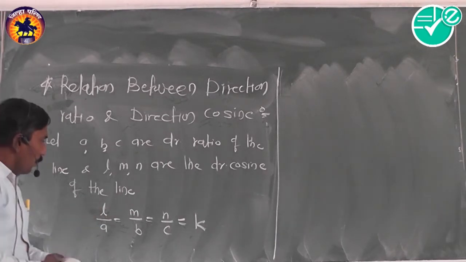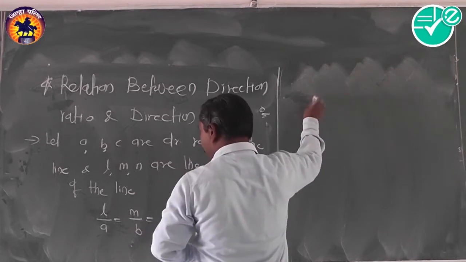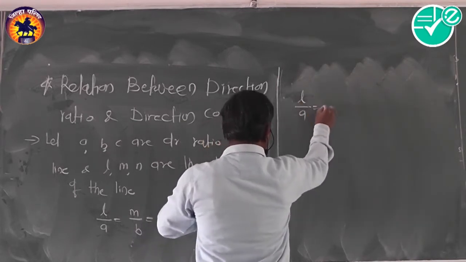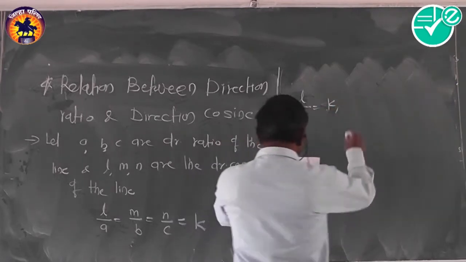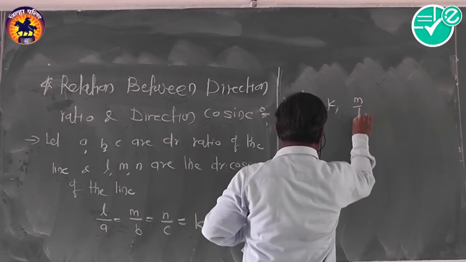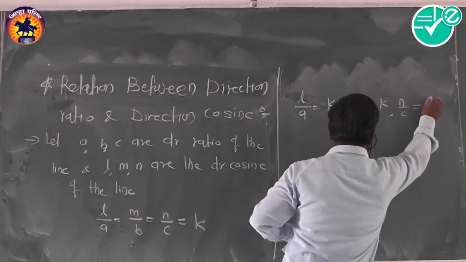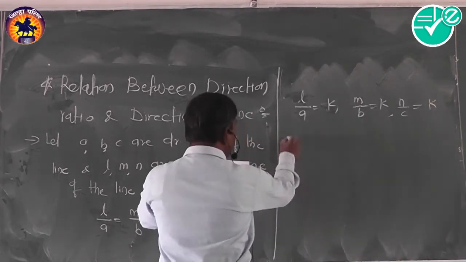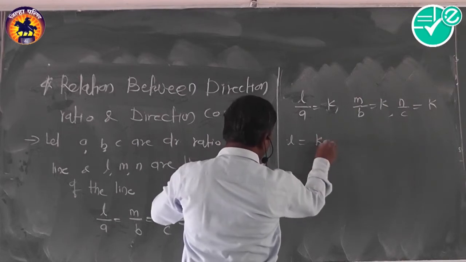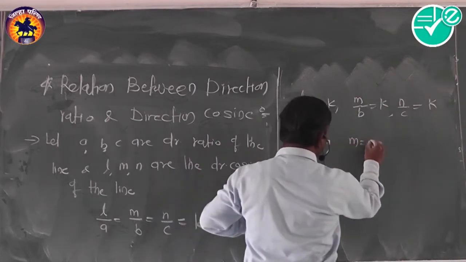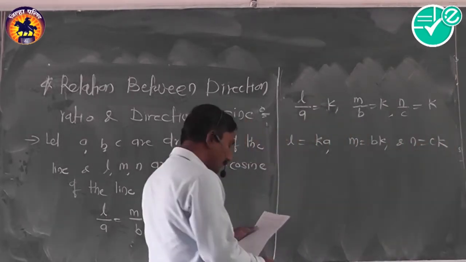Now, what will be the relation? L divided by A is equal to K, M divided by B is equal to K, N divided by C is equal to K, that is, L is equal to KA, M is equal to BK, and N is equal to CK.